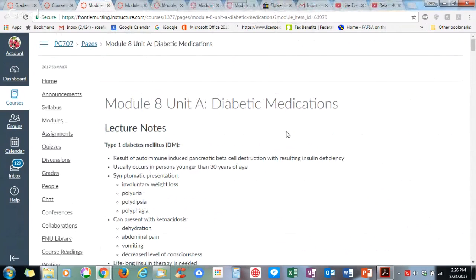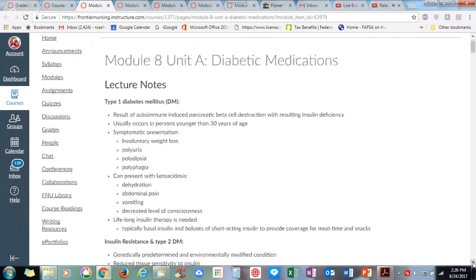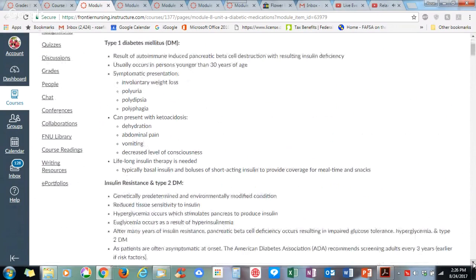Unit A, diabetic medications. Type 1 diabetes is the result of autoimmune-induced pancreatic beta cell destruction with resulting insulin deficiency, usually occurring in persons younger than 30 years of age.